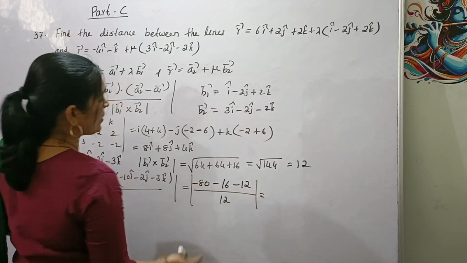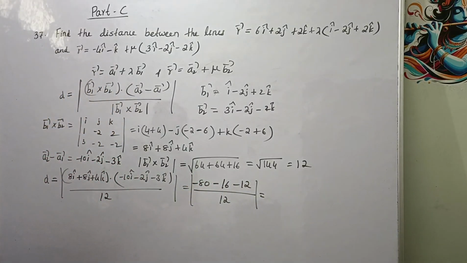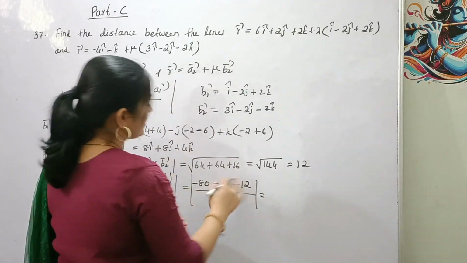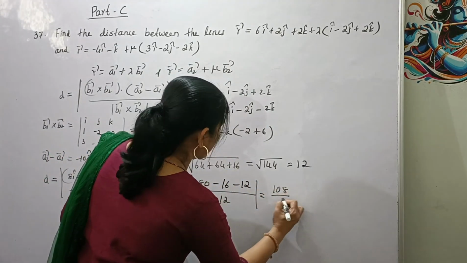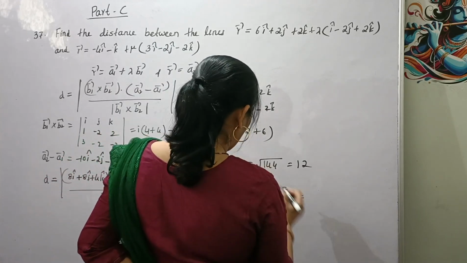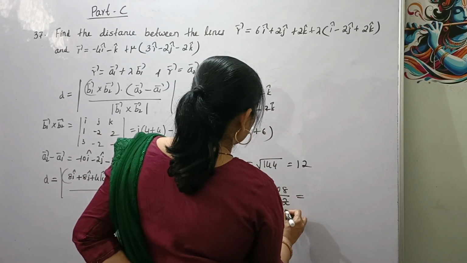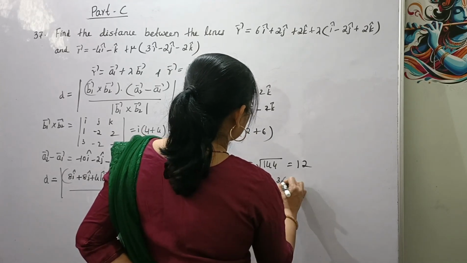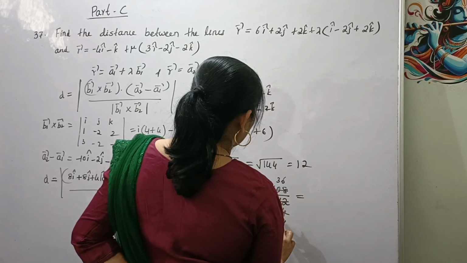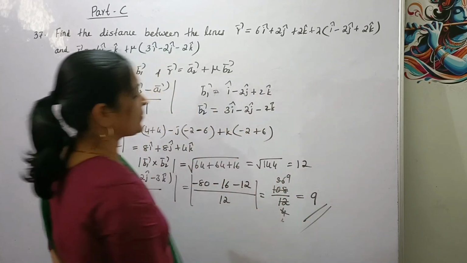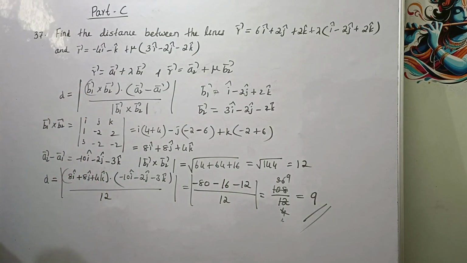That is equal to minus 108. So modulus of minus is plus, 108 divided by 12, that is equal to 9. So 9 is the answer. The distance between the given two lines is 9.